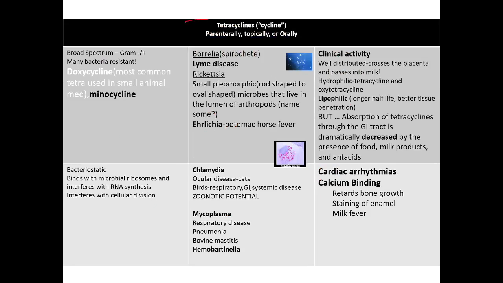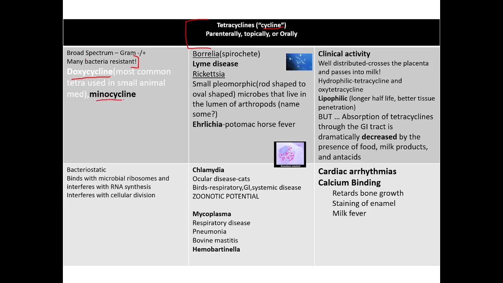Our next group are tetracyclines. Tetracyclines end in cycline. They're given parenterally, so by injection, topically, like eyes or ears, and orally. These are broad spectrum. They get both gram-negative and gram-positive, but many bacteria are resistant to a lot of these drugs. Doxycycline is the most common tetracycline used in small animals.